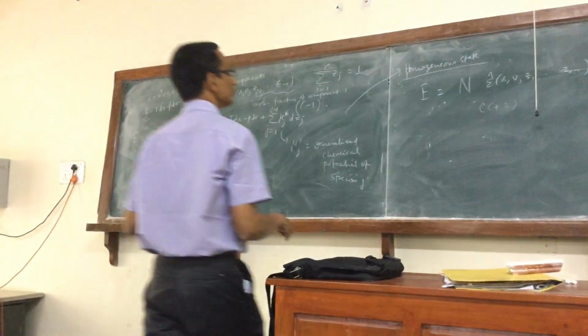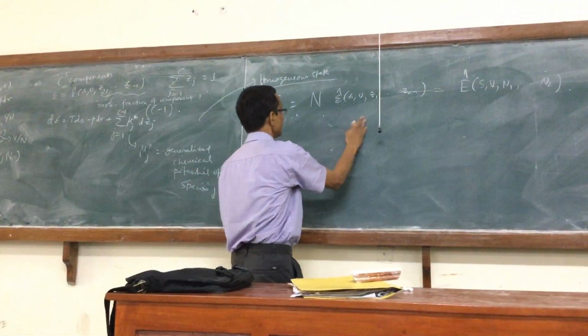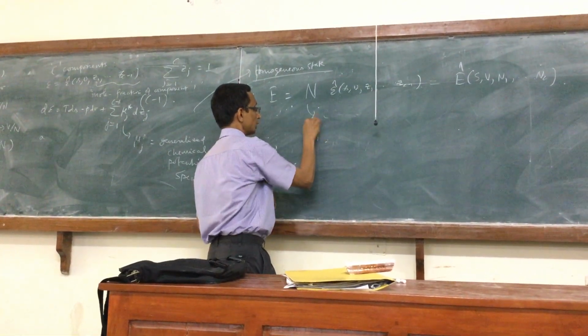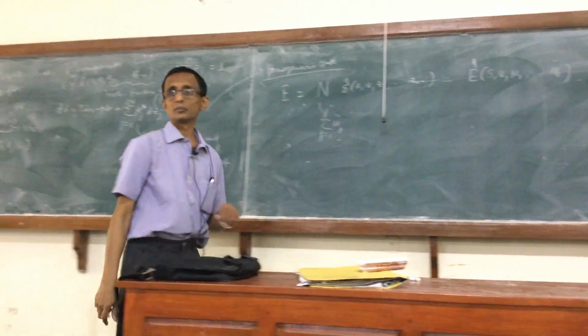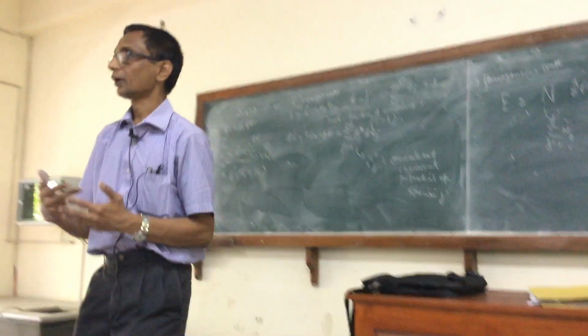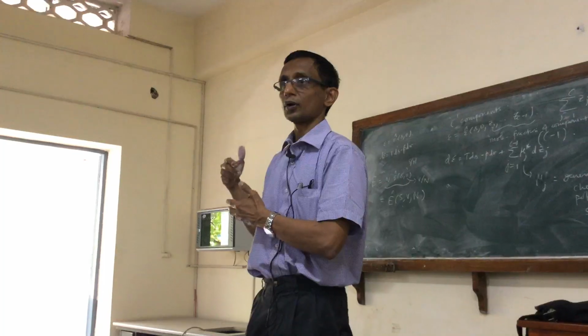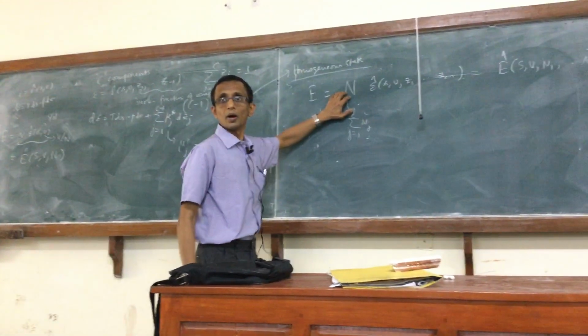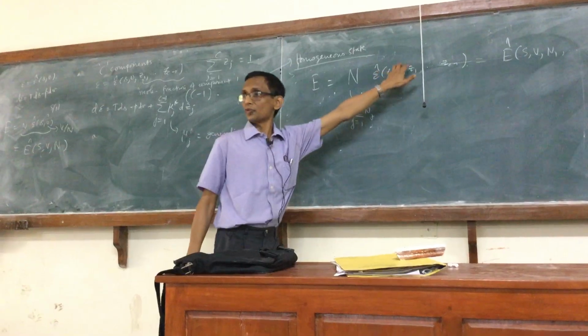N here is the sum over J equal to 1 to C of Nj, because we want to bring in the dependence on each individual mole number that is hidden here, and on top of it, hidden in each one of these variables.